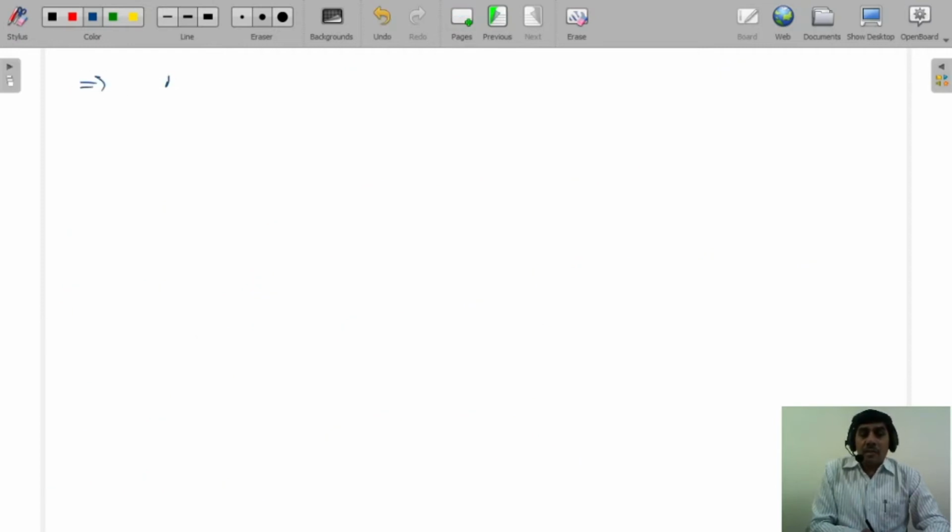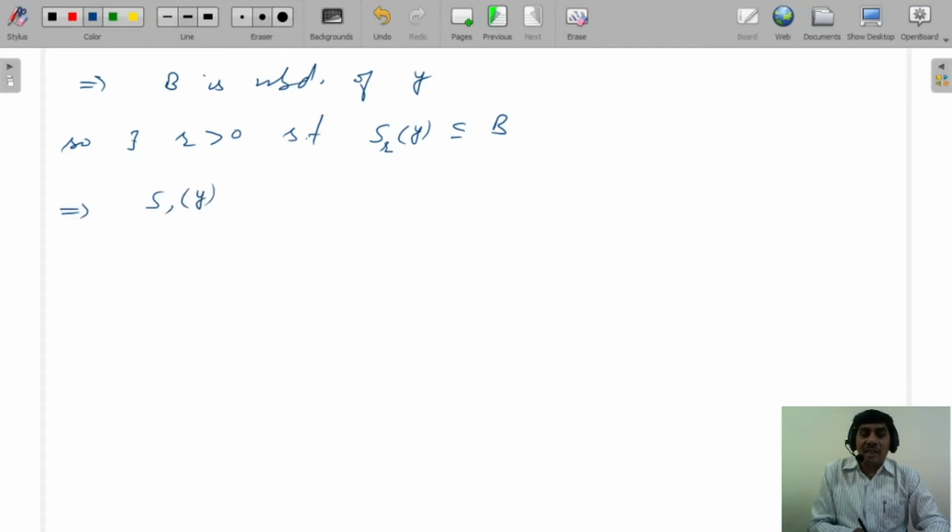This implies B is a neighborhood of y. So there exists r greater than 0 such that the sphere centered at y with radius r is contained in B. This implies the sphere centered at y with radius r is contained in B and B is contained in A. This implies y belongs to the sphere centered at y with radius r contained in A.